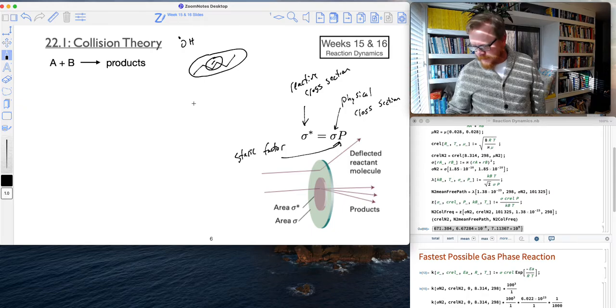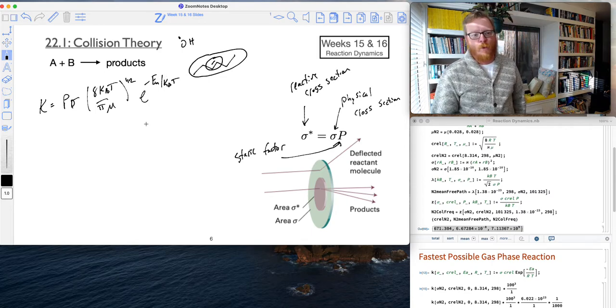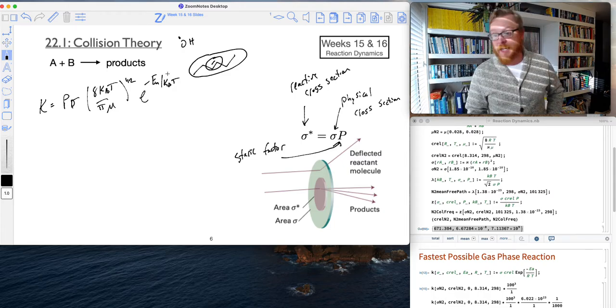So we'll start to put this all together now. We recognize k is going to be P times sigma, that's our reactive cross-section, times my c relative, so that's (8 kB T divided by pi mu) to the 1/2, times e to the negative Ea divided by kB T. I'm not going to go through the derivation for this, but recall that it comes from our molecular partition functions.